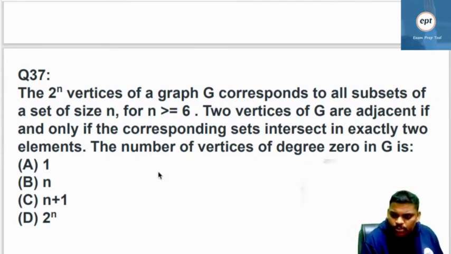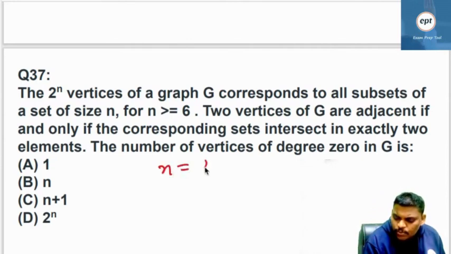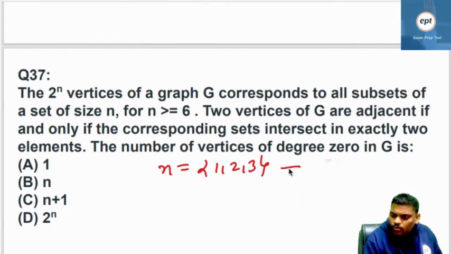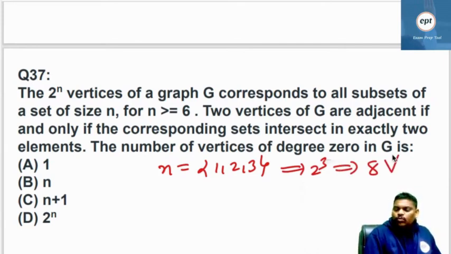Suppose we assume n is equal to {1, 2, 3}. Now 2 power n, 2 power 3, so 8 vertices are there. If you see all the subsets, 2 power 3, 8 vertices are there.